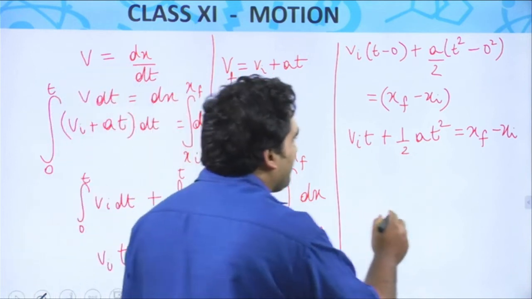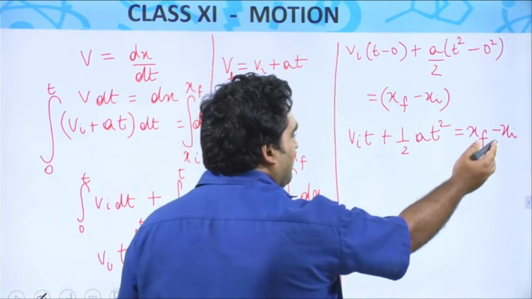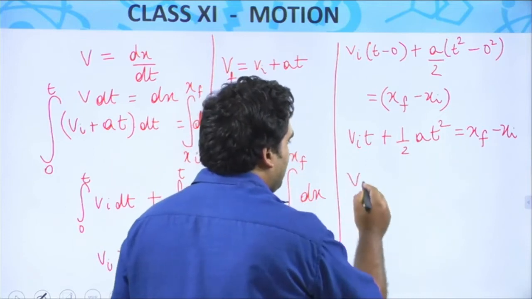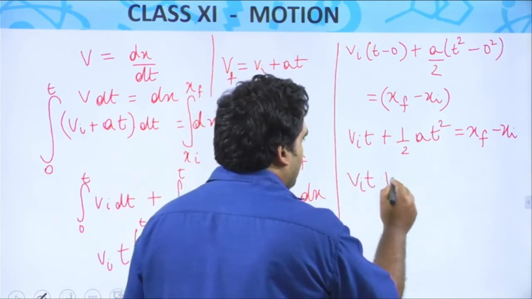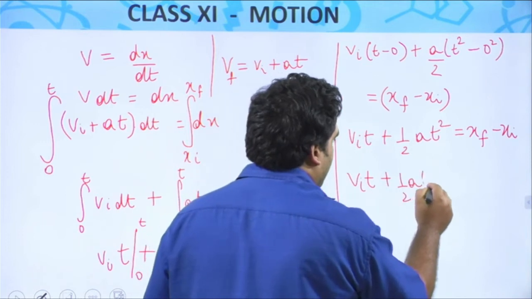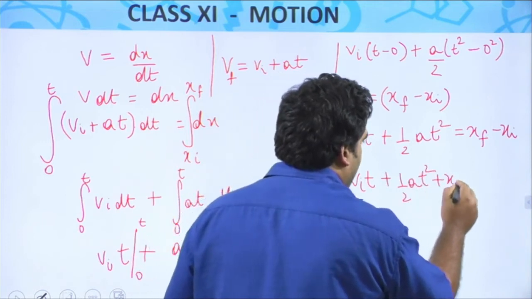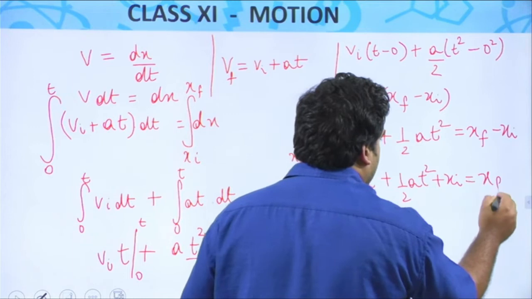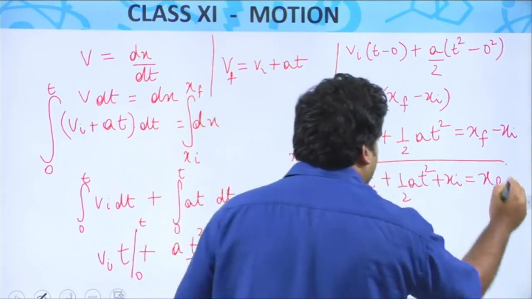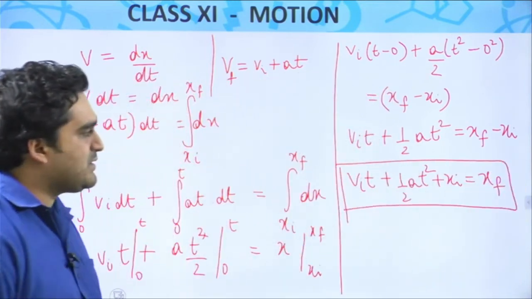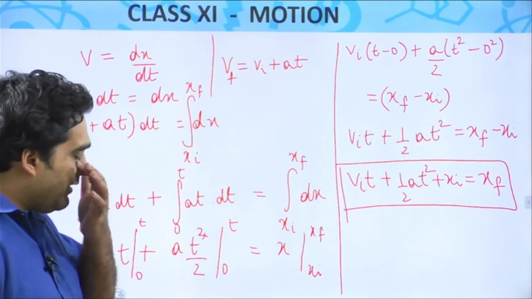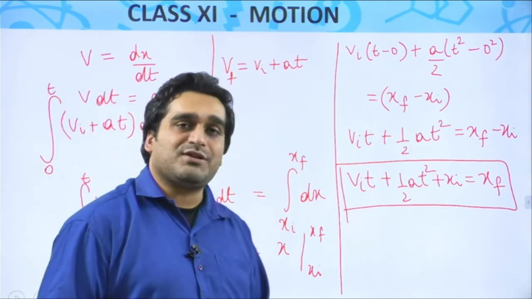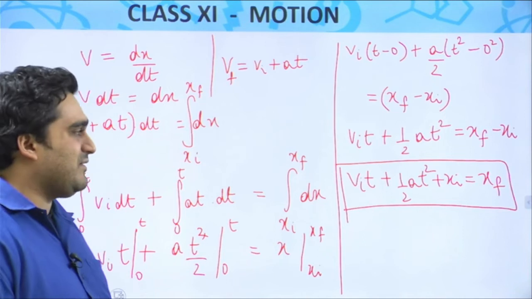So now you can transpose that xi to this side, and you get the final position of an object. This is how you derive the second equation of motion using calculus.